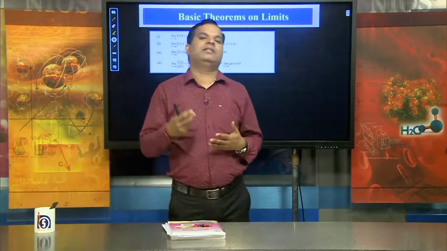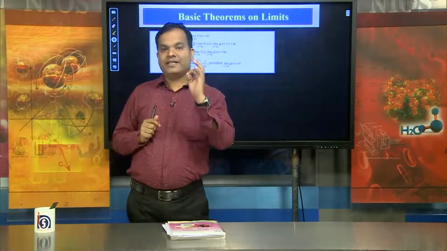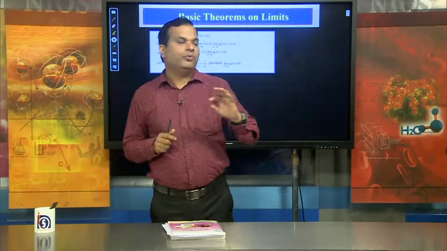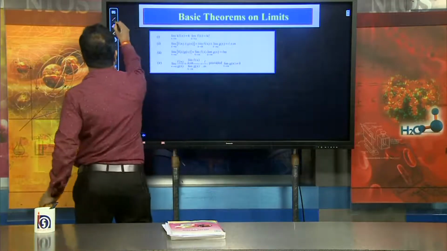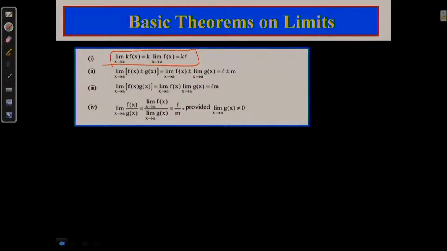Then afterwards we discussed the basic theorems on limits. The first theorem we have just discussed is for when a constant quantity is multiplied, that means limit x tends to a of k into f of x equals k times limit x tends to a of f of x.